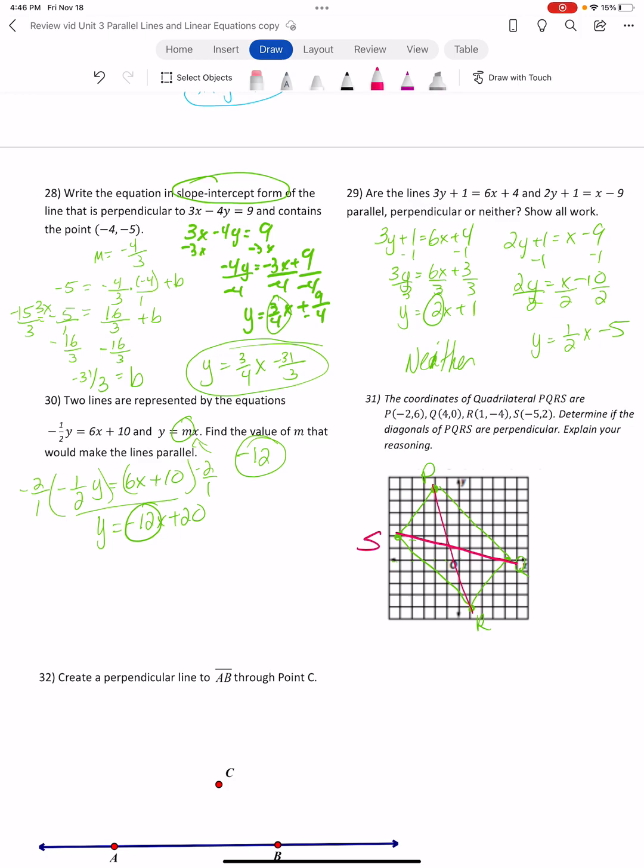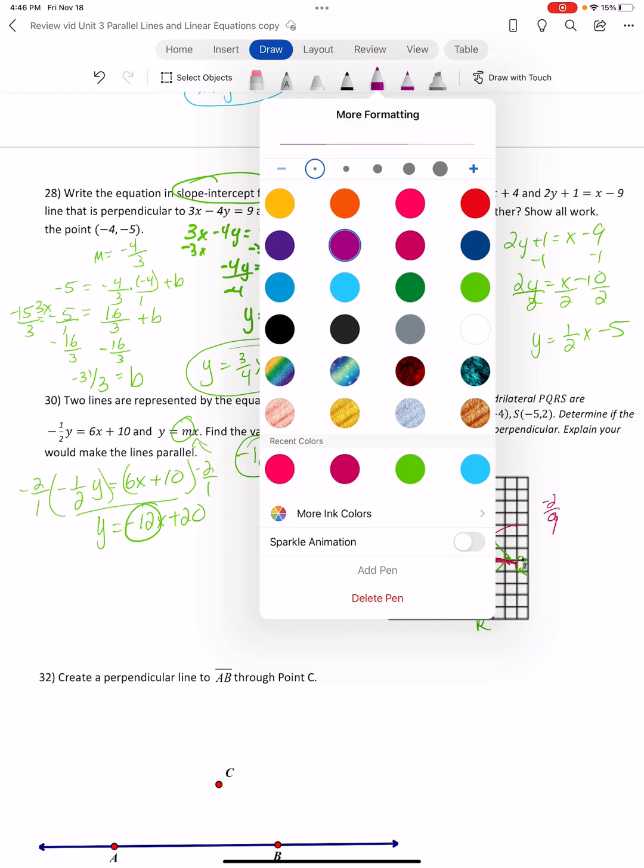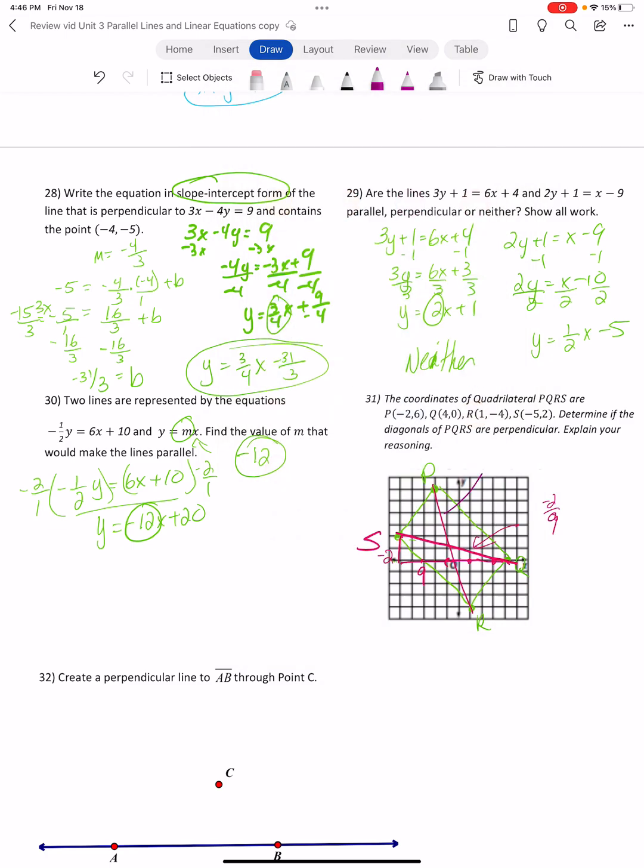Well, we can do slope algebraically, or we can go this way. So this is down 2, 2, 3, 4, 5, 6. Oh wait, no, diagonal. Yeah. 2, 4, 6, 8, 9. So the slope of this one right here is negative 2/9. And then this diagonal here, I go down 1, 2, 3, 4, 5, 6, 7, 8, 9, 10.